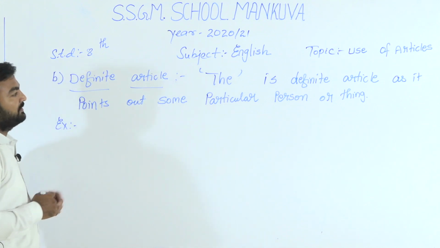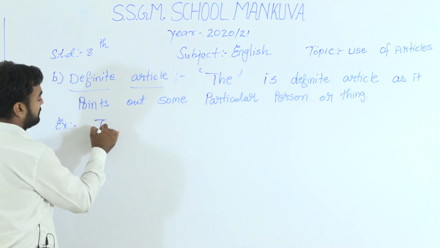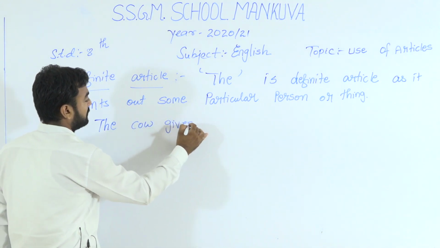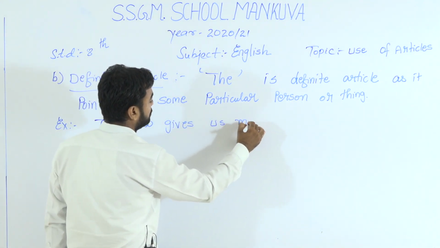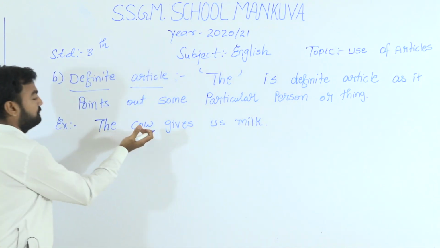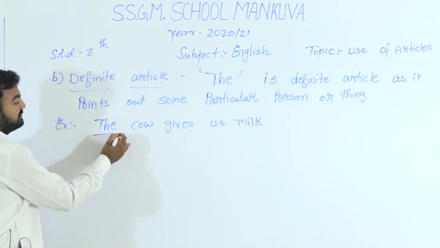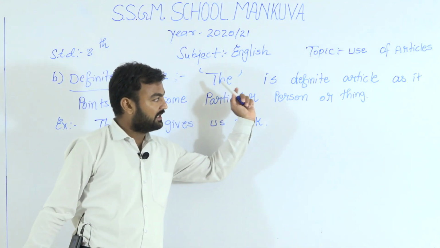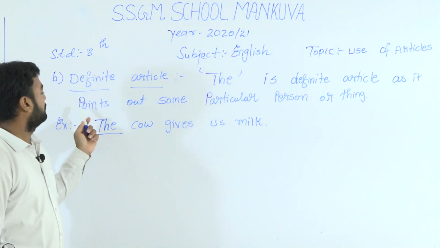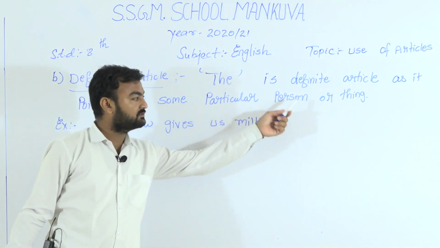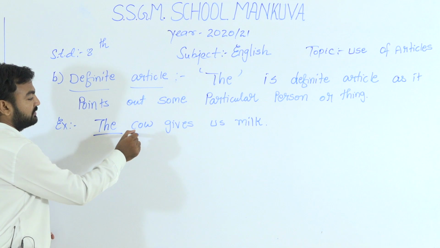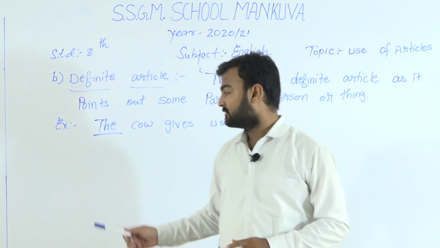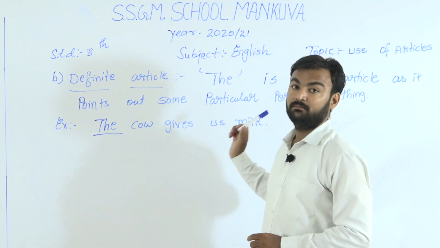So I am writing one simple example. The cow gives us milk. Over here, before cow we use the. Why is it known as a definite article? Because it points out some particular person or thing. So over here it points out that the cow gives us milk.